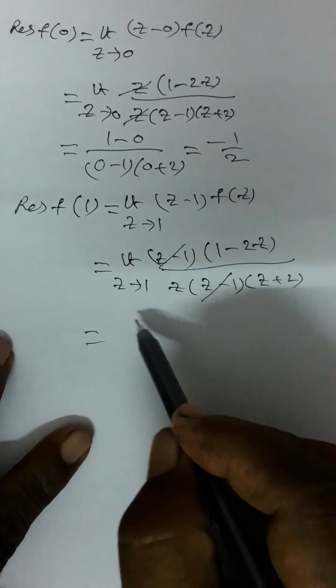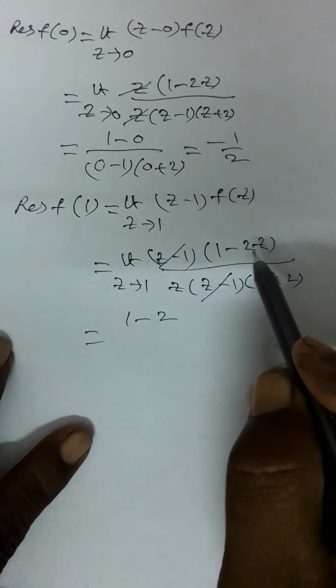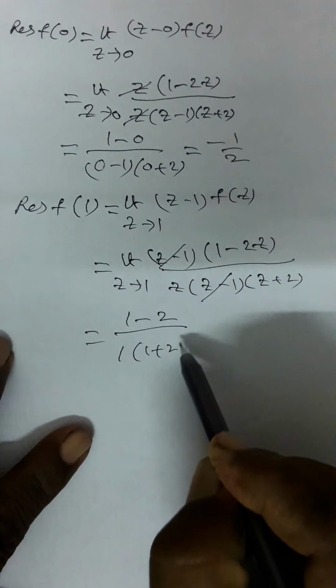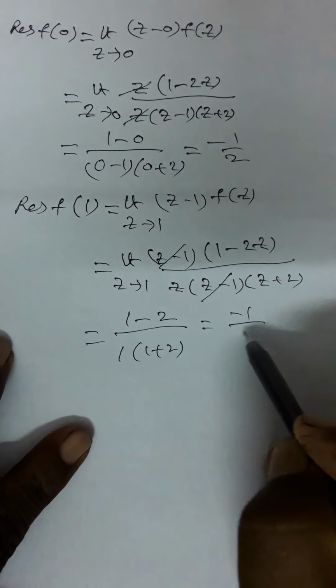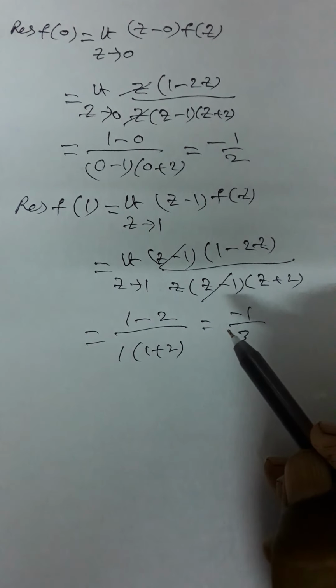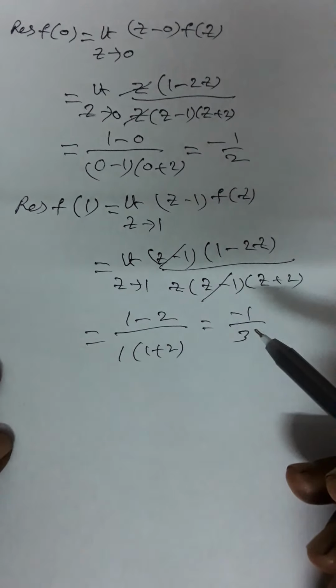Put z is equal to 1 here: (1 minus 2) by 1 into (1 plus 2). So minus 1 by 3.